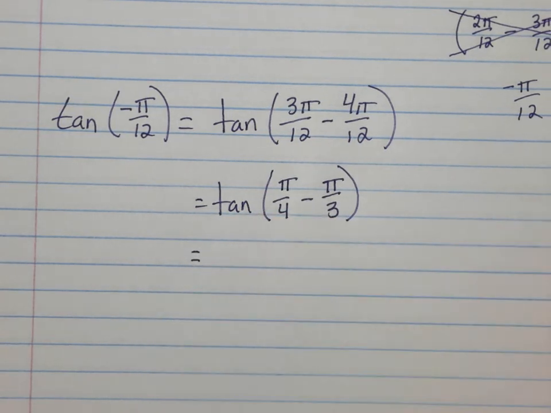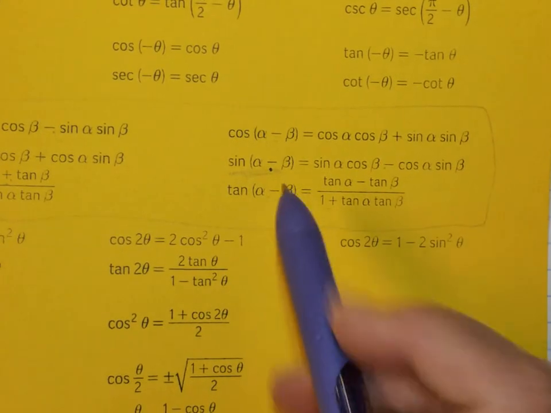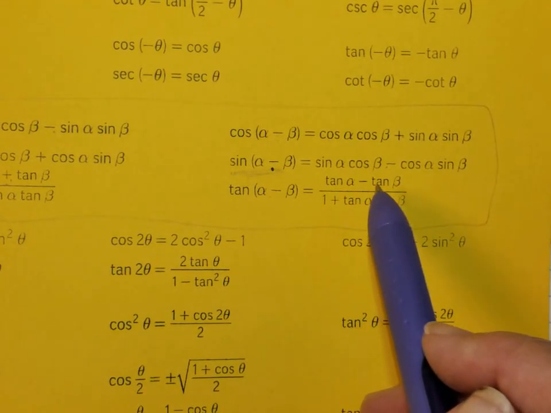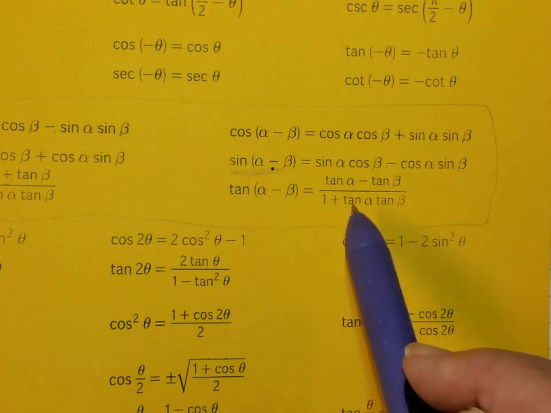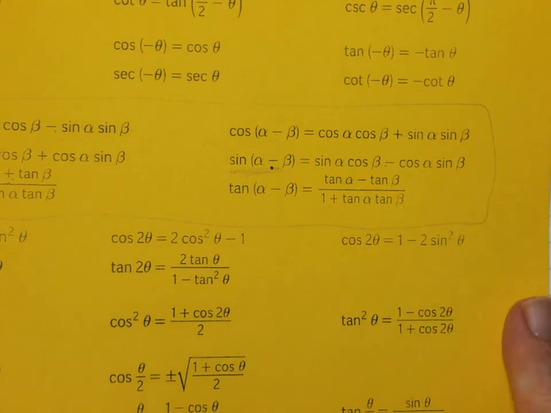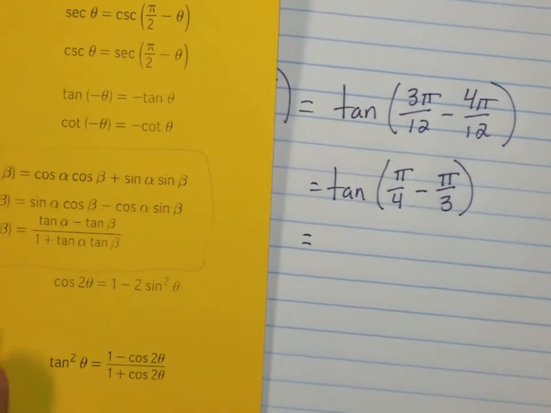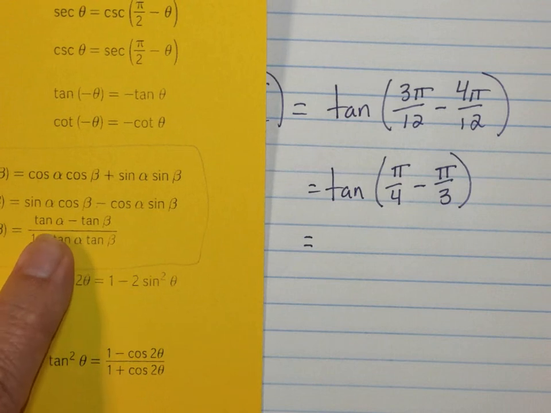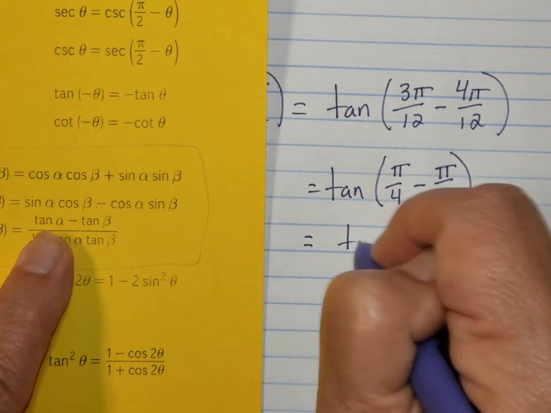Now I go to my formula, my identity, as it's called. It says tangent alpha minus tangent beta divided by 1 plus tangent alpha tangent beta. So I literally put that over here on the side, put my finger on it, and do exactly what it says.